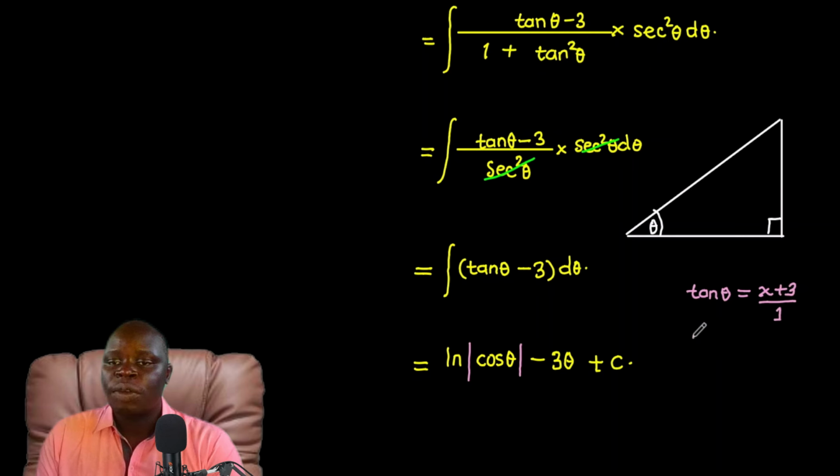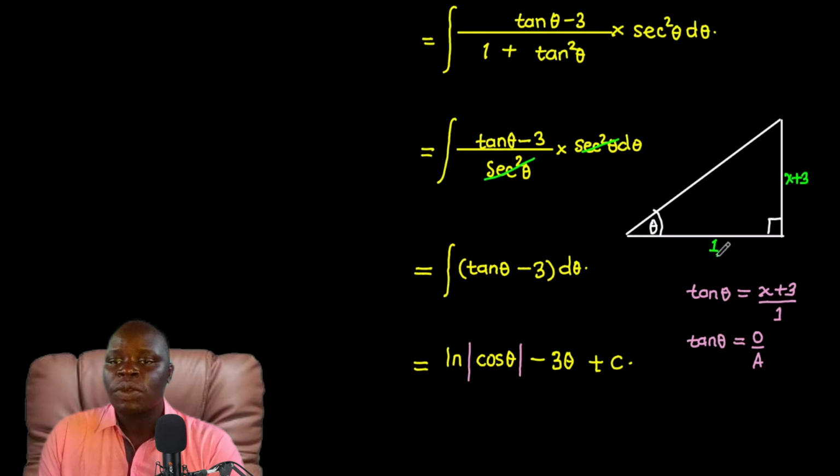Also, we know that from the definition of tan of any angle, say theta, is given by opposite over adjacent. So reorganizing our opposite from the triangle here, this is x plus 3 as our opposite to this angle. The adjacent is this side here, which is 1, and we need hypotenuse because we have cos here.